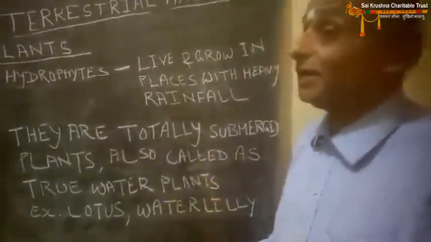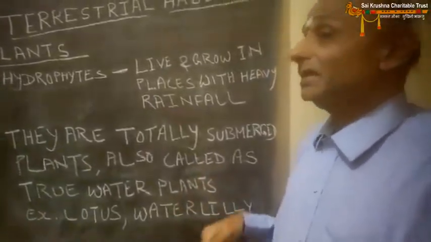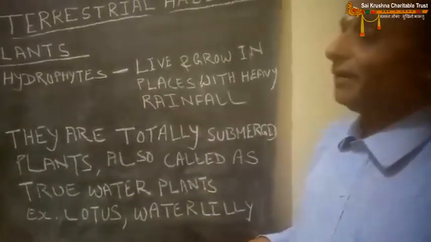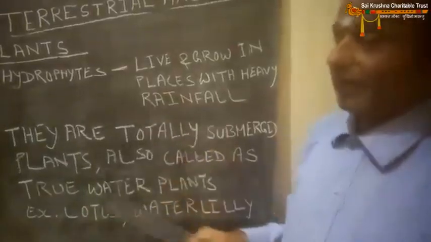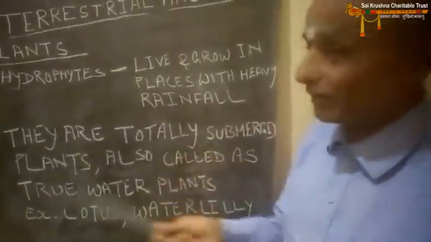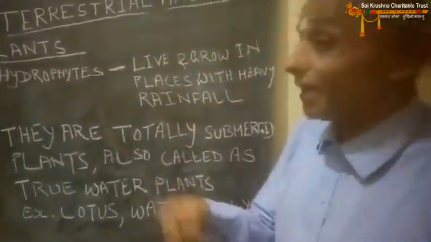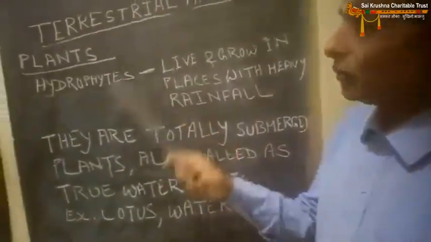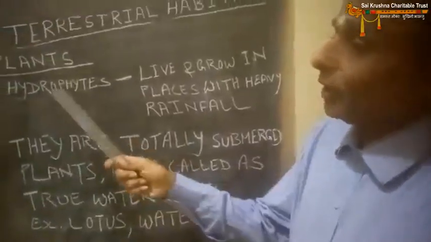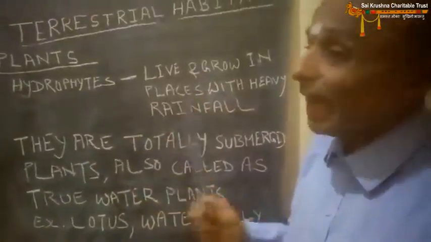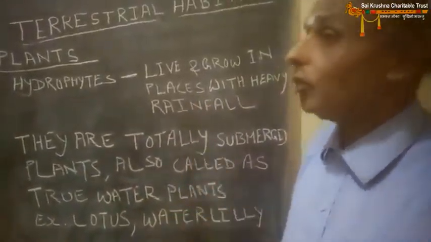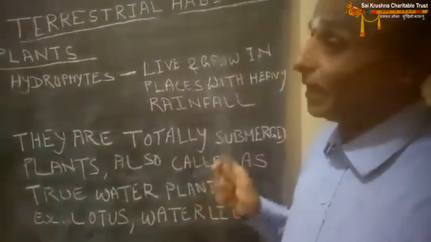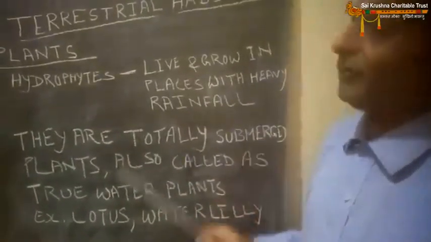Hydroelectricity means electricity generated from water, by way of turbines. So that is hydroelectricity. So here we are talking about plants that grow in places where there is heavy rainfall.